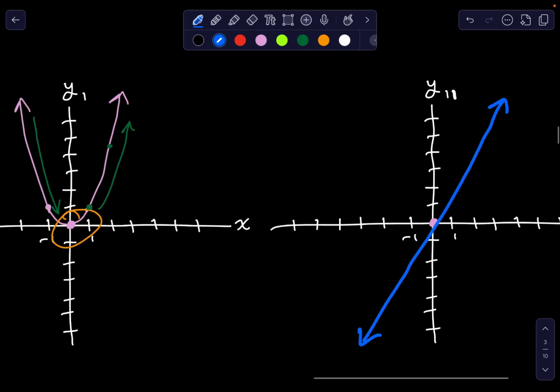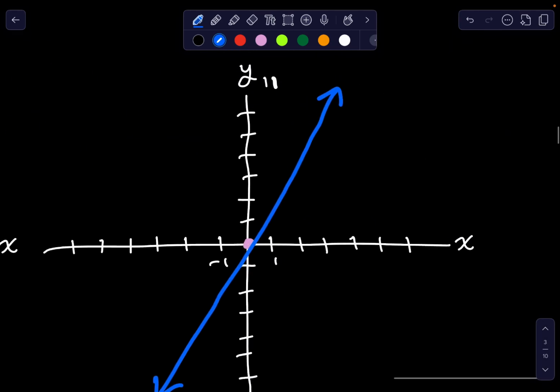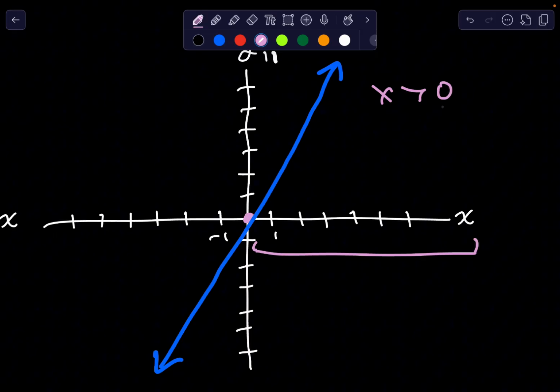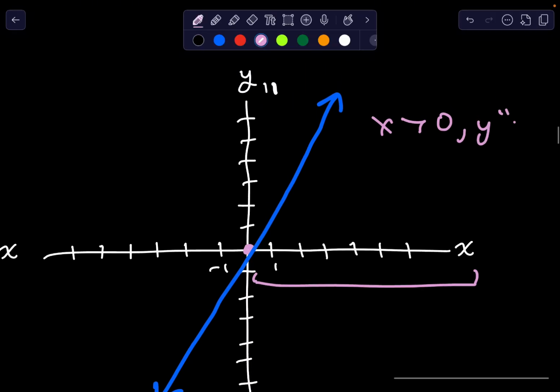But if you look, as I said, concavity is just the sign value, positive or negative, of y double prime. Let's look at y double prime. Let's just write it out. At x greater than 0, which is everything right here, y double prime, because it's a graph of y double prime, is greater than 0.